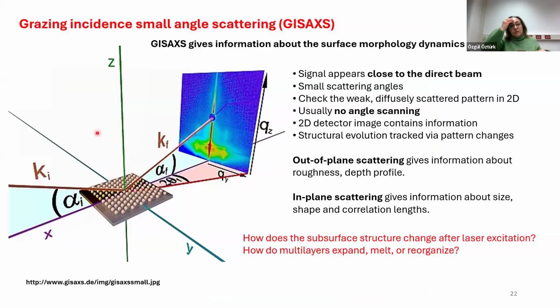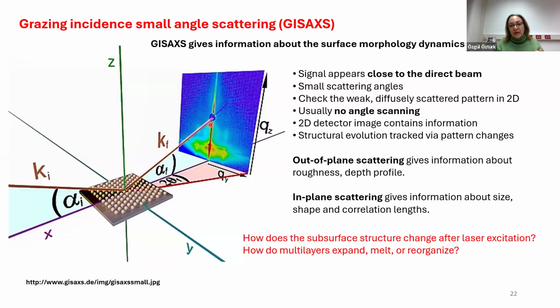So what does grazing incidence small angle scattering look like, basically? We have a sample, and with the grazing incidence, the X-ray is coming, and then we have a detector, and on this 2D detector, you have your image of scattering. So GISAXS gives information about the surface morphology dynamics.